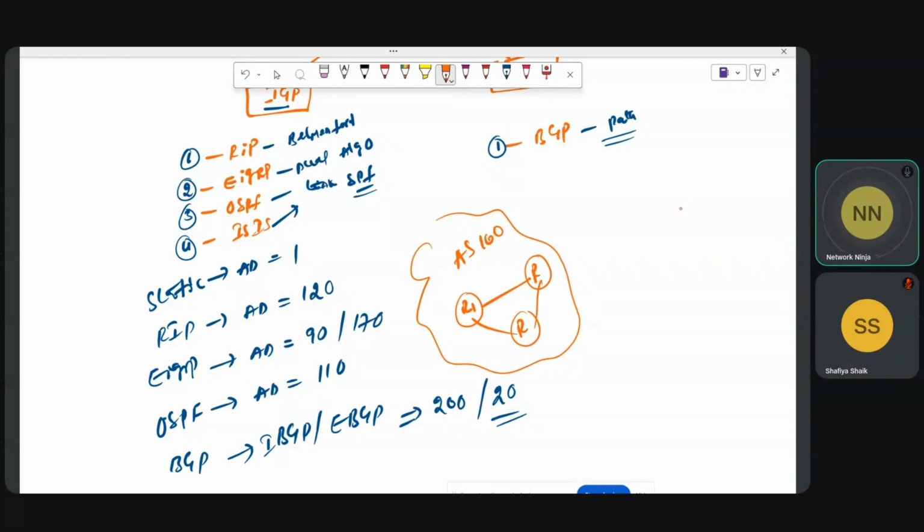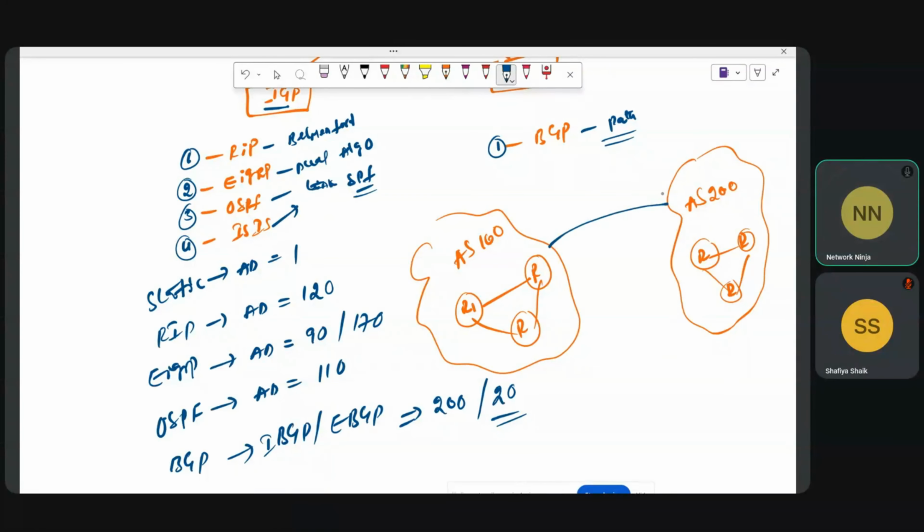Likewise, we have a different AS200, where we also have routers connected together. To form the neighborship and communicate between the two different ASes, we are going to use the BGP protocol, Border Gateway Protocol, which is an EGP, Exterior Gateway Protocol. We have only one such protocol, which is BGP. Especially we are going to use EBGP because the AD value is 20.